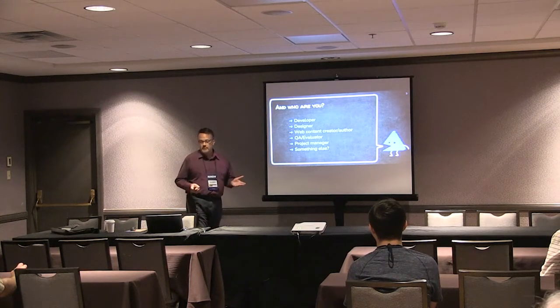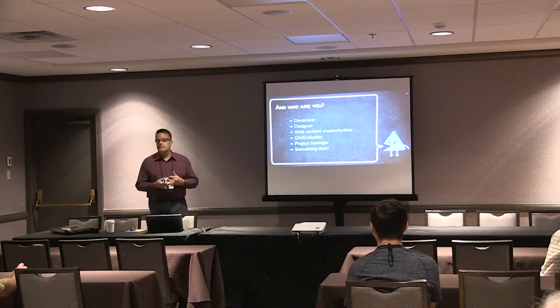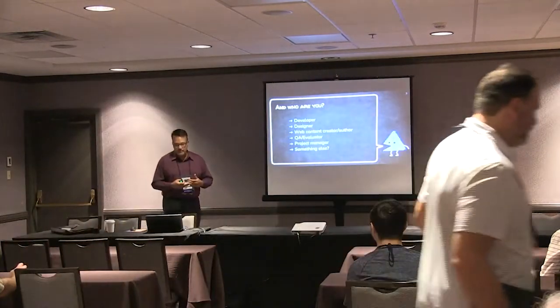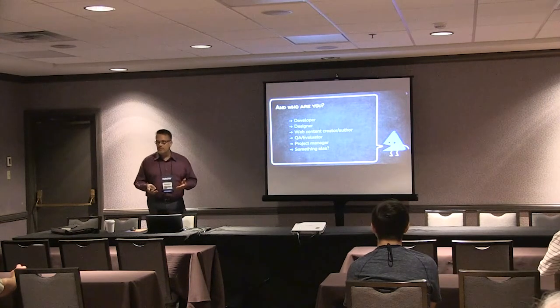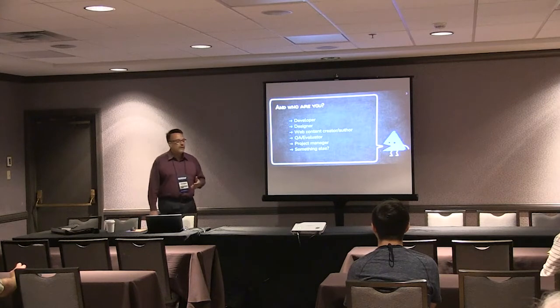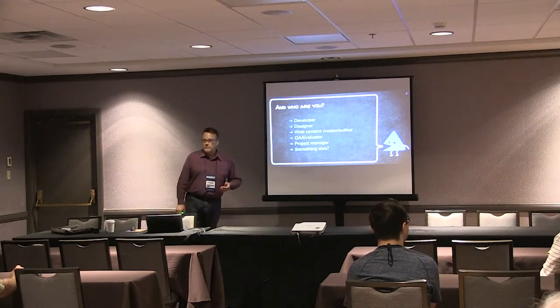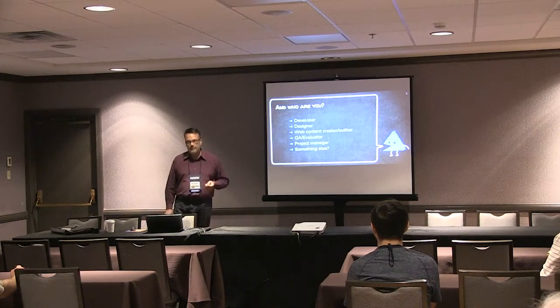So accessibility touches all of these roles. If you're a developer, the code you create creates structure and semantics that impact accessibility. If you're a designer, the visual experiences you create certainly have an impact on accessibility. As a content creator or author, the words you use, the complexity of the language, even the phrasing you use for links has an impact on accessibility.